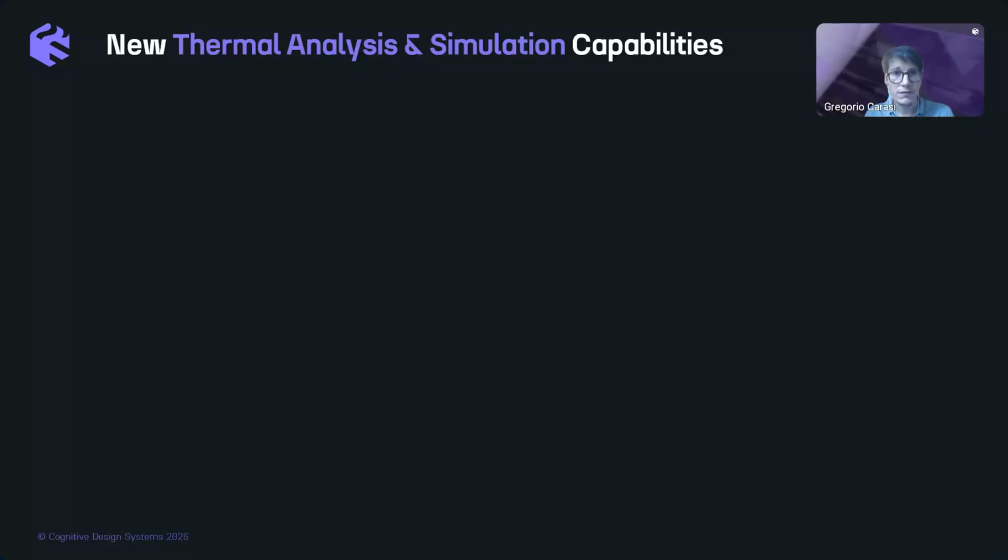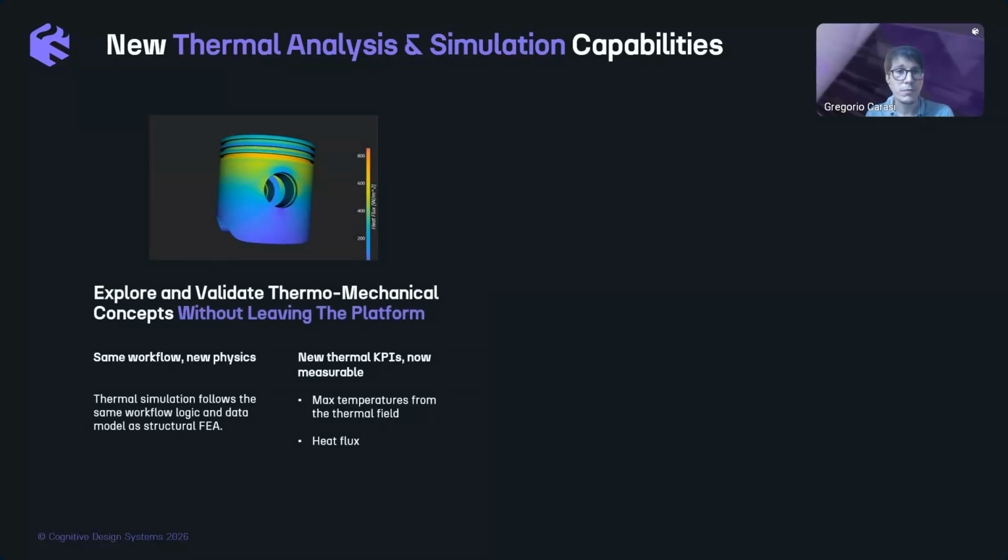So let's start from the simulation capabilities. As I said, on top of structural simulation capabilities, we also added thermal and thermomechanical simulation. It works exactly the same as the structural simulation.